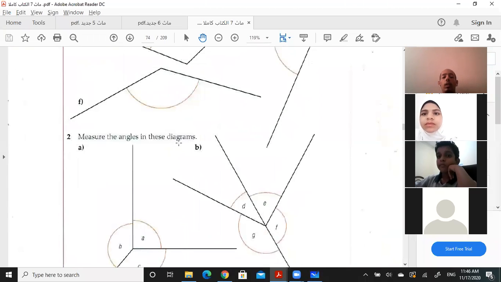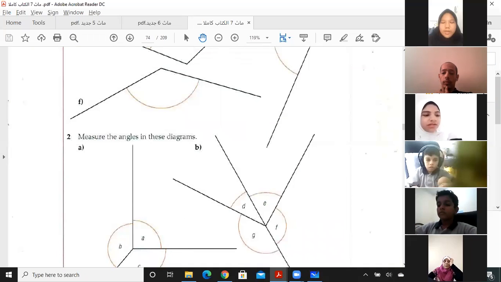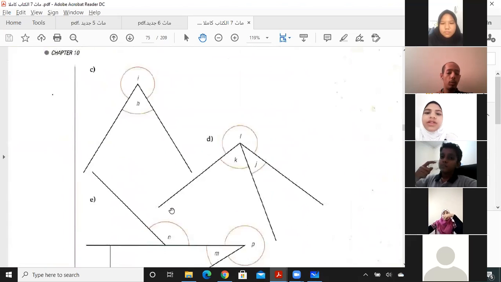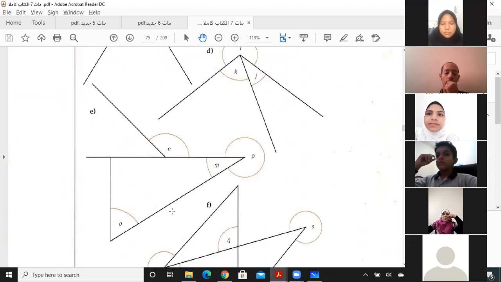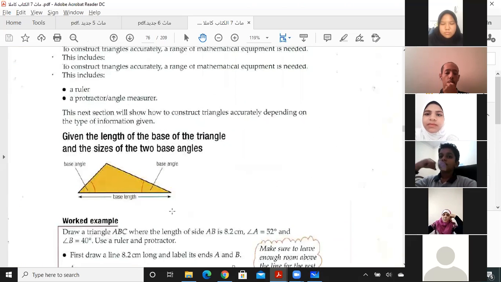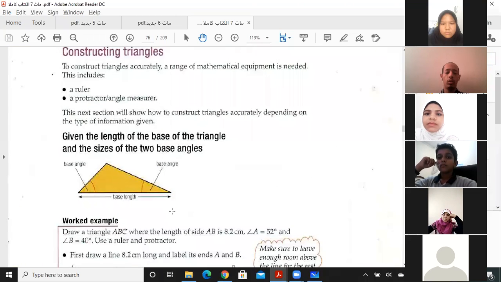Do you have a protractor at home? Who doesn't have one? I don't. Maybe you can buy one, because you need it to measure angles, and a lot of the work is going to be based on the protractor and angles.